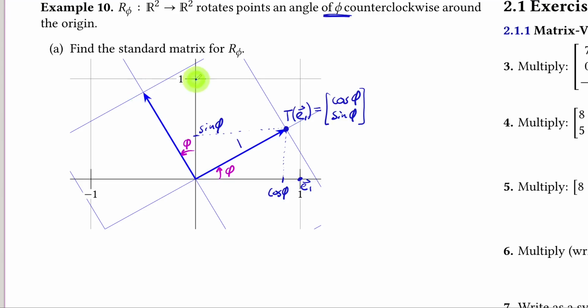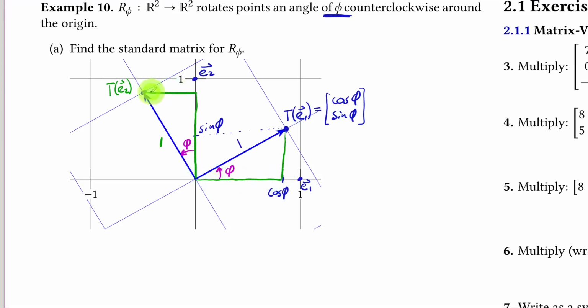Okay. With E2, here's where E2 started at the point 0, 1. Again, this is still a distance 1. So this point T of E2 is still on the unit circle, a distance 1 away from the origin. It's just been rotated. But this one's a little different. There's a few ways you can think of it. You could notice that this triangle here is similar to, or is congruent to this triangle over here.